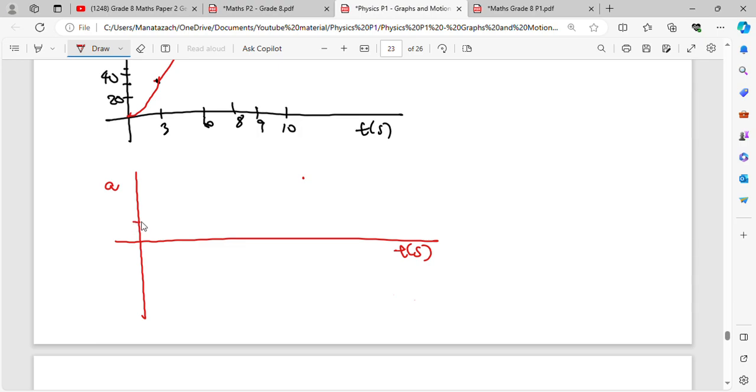Okay, let's say 3, 6, 9, even here minus 3, minus 6, minus 9. The time is 3, 6, 8, 9, 10.